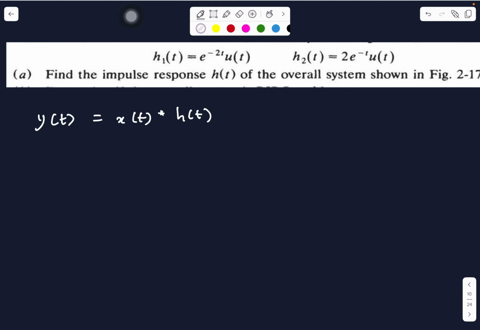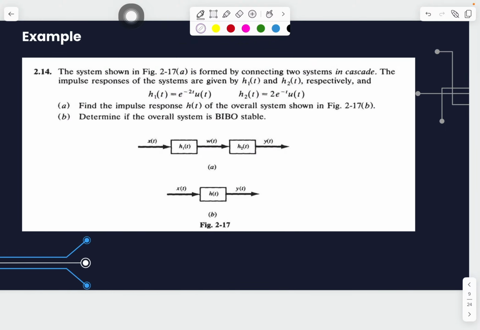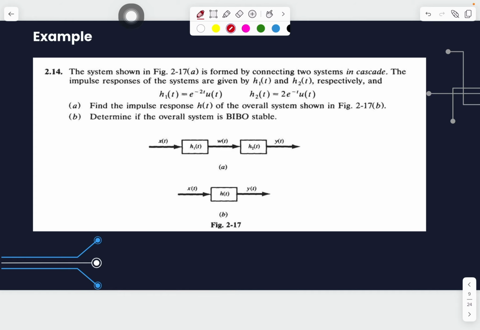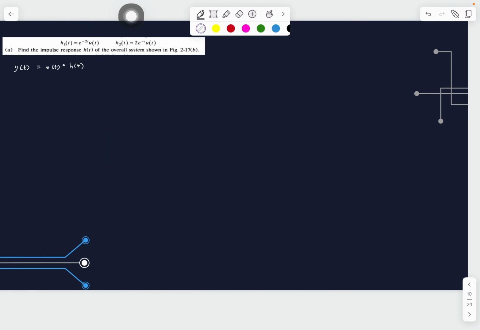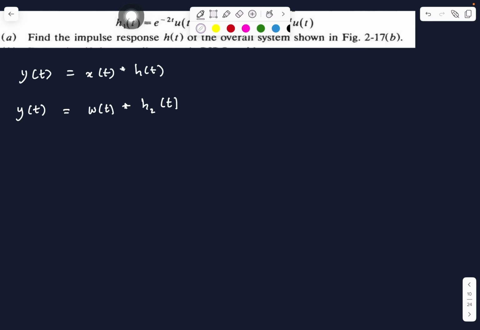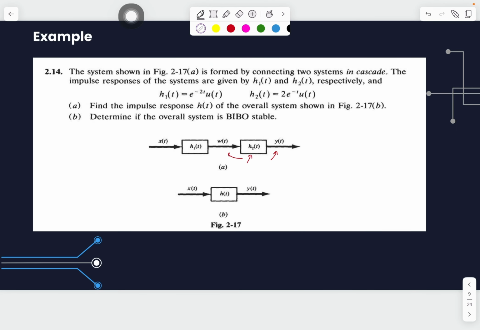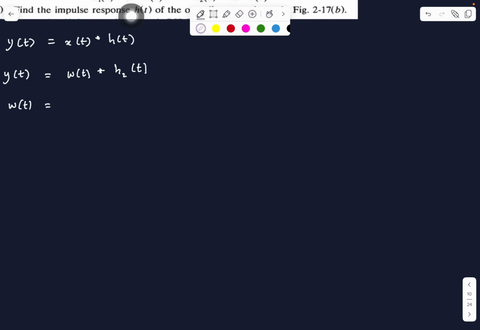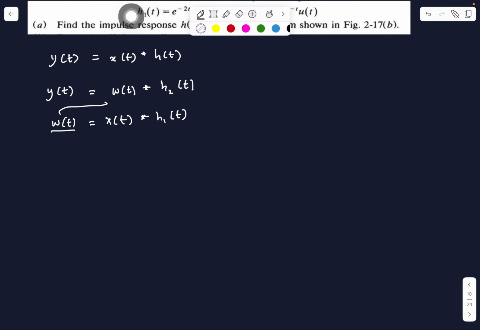Number two, we can see that this y of t is also w of t convolved with h2 of t. And then we can see that w of t itself is x of t convolved with h1 of t.